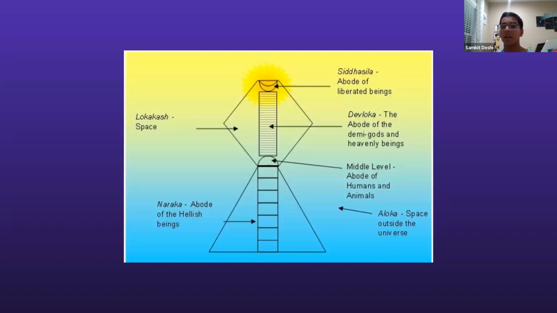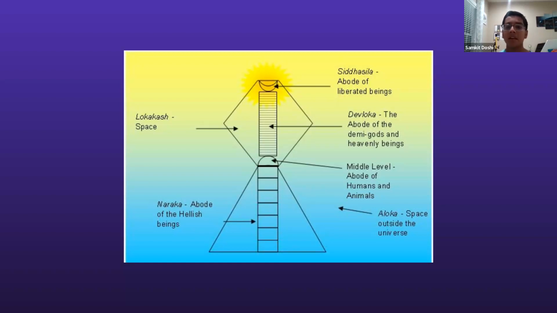So let's begin. We're going to begin with lokakash and alokakash. Lokakash represents this figure. It's supposed to represent a human with legs spread apart and arms on their side. And at the very top of lokakash, there's the Siddhashila. The Siddhashila is where all liberated beings reside, and where eventually, if we attain our final goal of liberation, we want to be there someday.